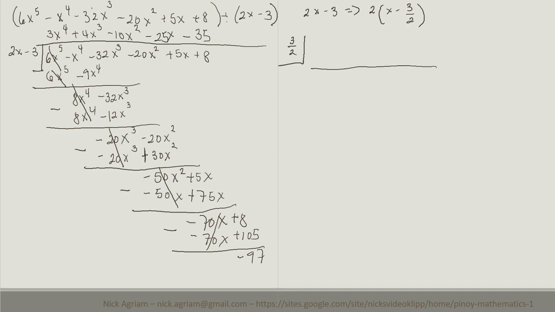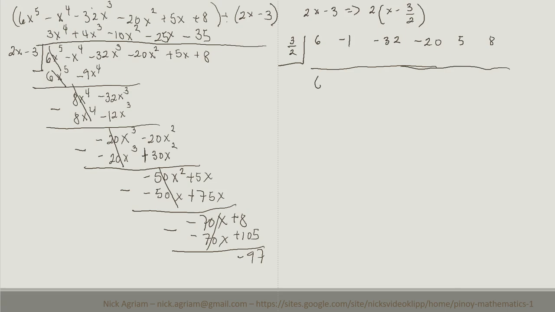And then we take just the constants. We have 6, negative 1, negative 32, negative 20, and then positive 5, positive 8.